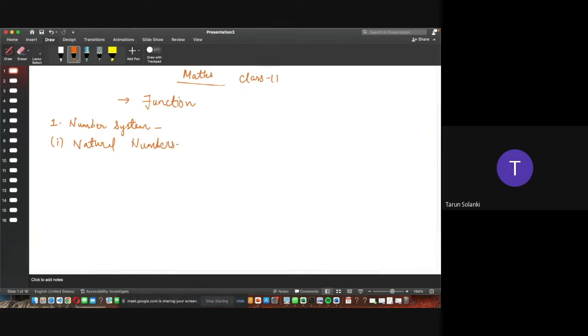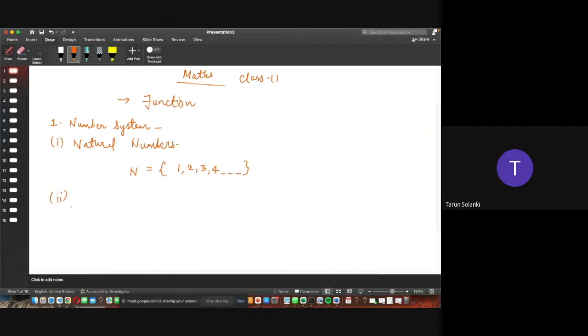The set of numbers like 1, 2, 3, 4 are called natural numbers, and it is denoted by N. So N is equal to 1, 2, 3, 4, and goes up to infinity. This is your natural numbers.